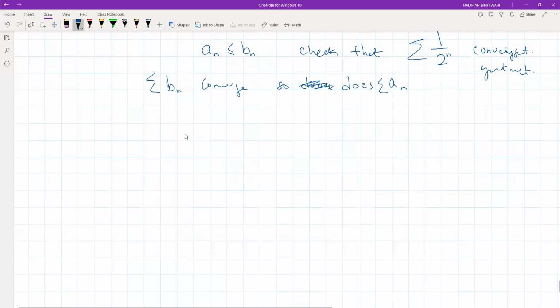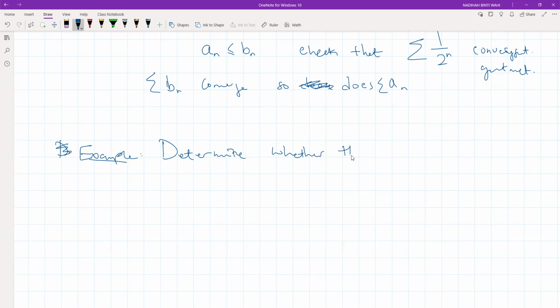Okay, let's see one of the 2 examples. Determine whether the series converges or diverges.